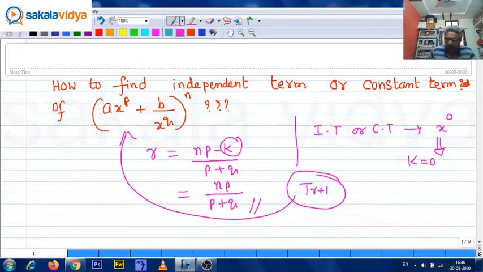So next, we need to discuss numerically greatest term. That's very important.